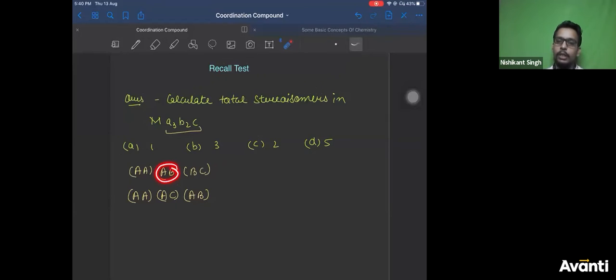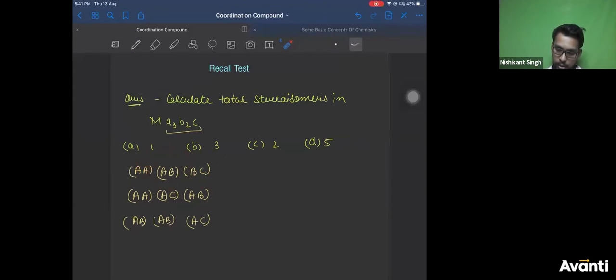Now what else can you do? Keep AB constant, interchange A with B, you'll get AB. Interchange A with C, you'll get AC. So you'll get AB, AB, AC. Keeping AB constant, we will get AB and AC, which is a different isomer.